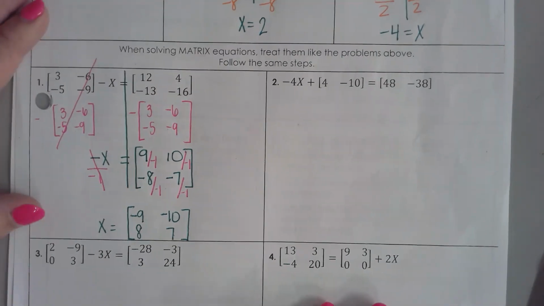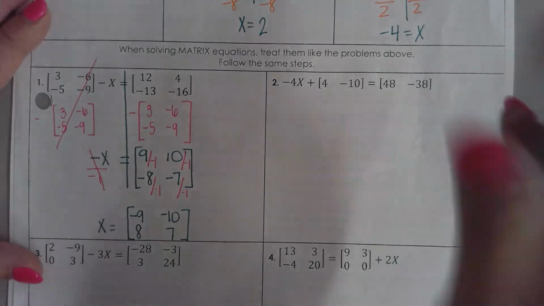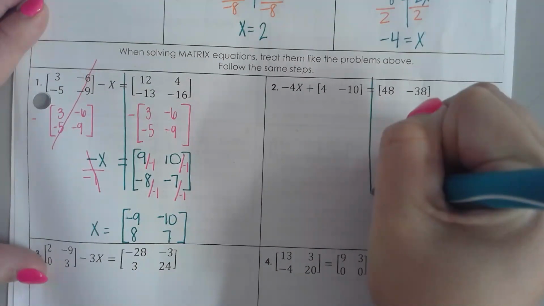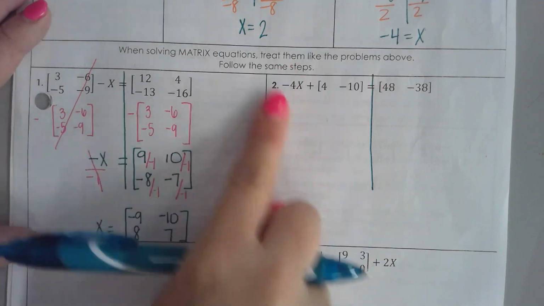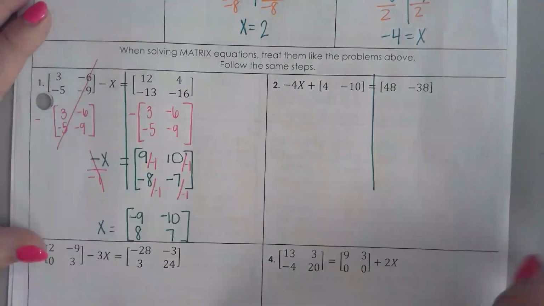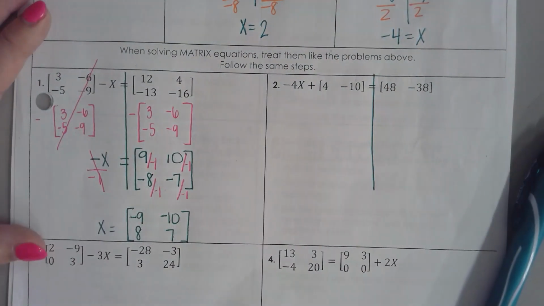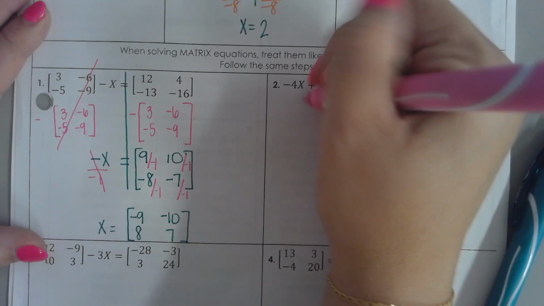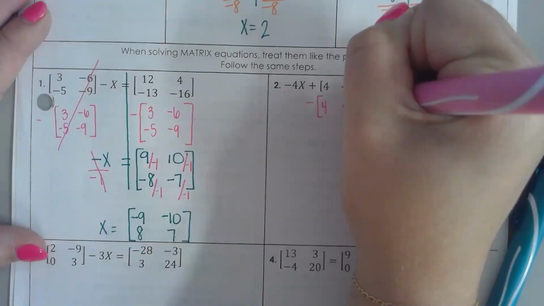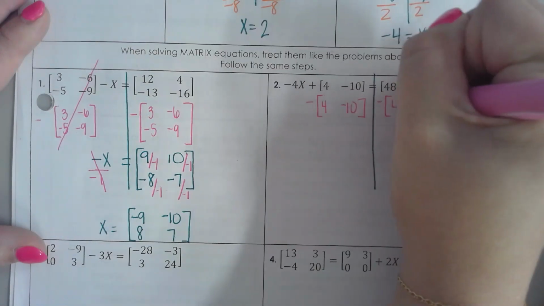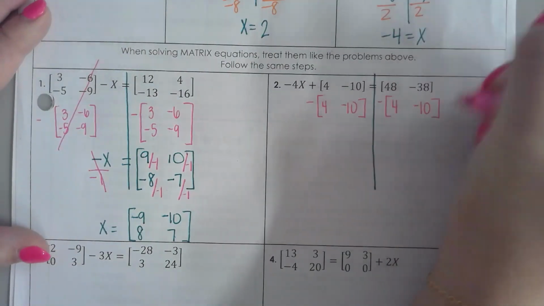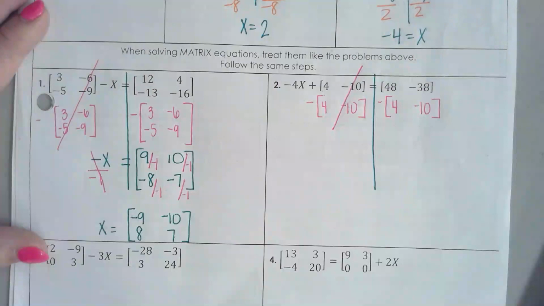All right, number 2. My goal is to get this x by itself. So I've got to get rid of everything that's on this side. So what am I going to get rid of first? Which matrix? The 4 negative 10. So those cancel.